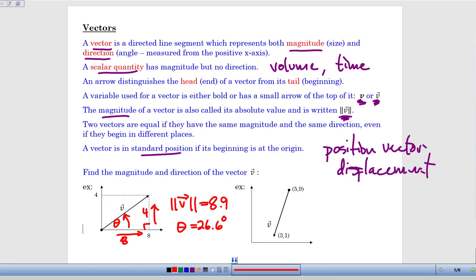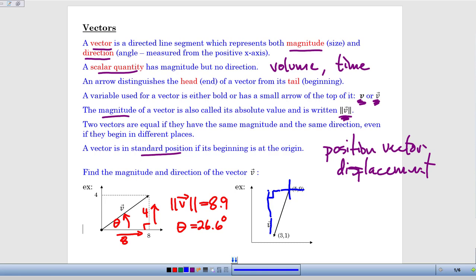So one thing that we can do here is we can imagine that we have a coordinate plane right here, like translate things so that the origin is there at the initial point of our vector instead of where it is off to the left. And so from here then we can build our right triangle like we had on the previous one in order for us to be able to figure out what the magnitude is.